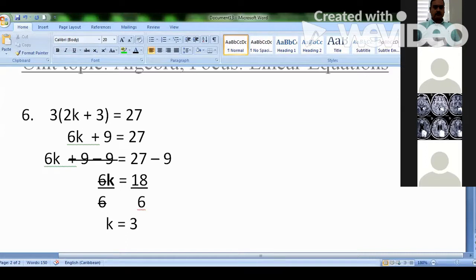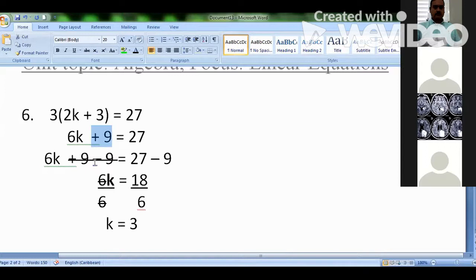Sir, can you go over from the beginning, please? Oh, all right. Okay. So we're going to use the distributive law. So 3 times 2k is 6k. 3 3s is 9 equals what? 27. So I want to get rid of what?